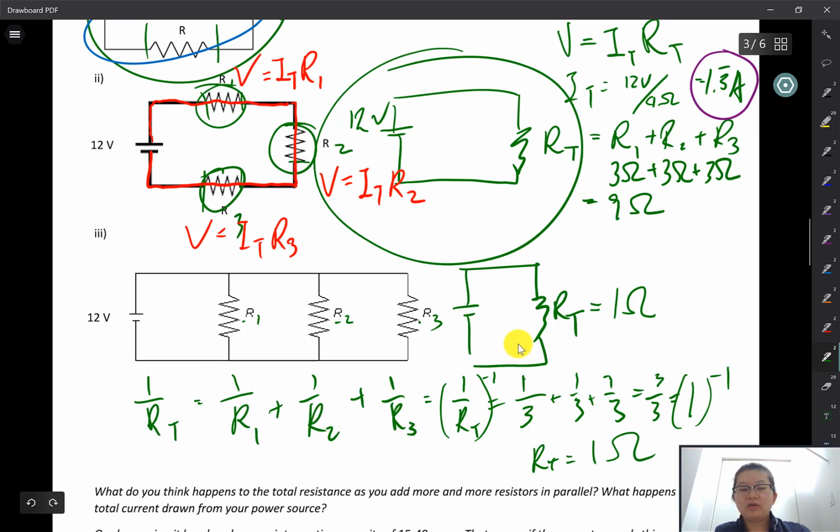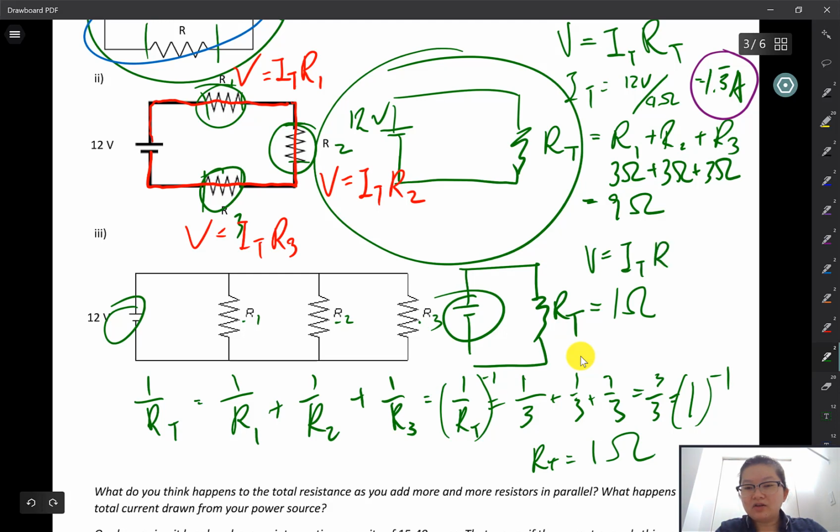So the total resistance decreases because you have more choices of going to work. Overall, less resistance is experienced. So the total equivalent resistance here is 1 ohm, meaning that if we want to find the total current going across this battery with 12 volts, we just have to do V equals I total times R total.